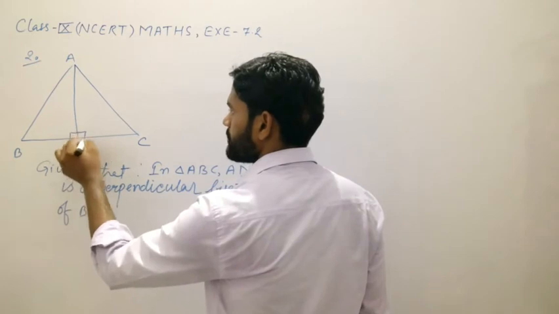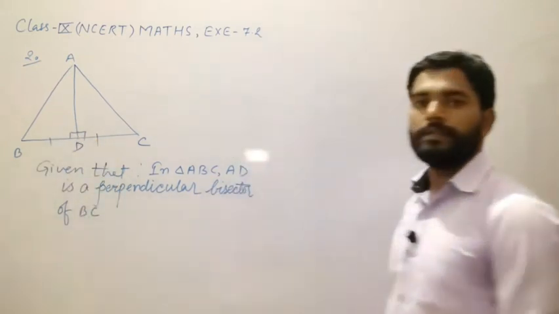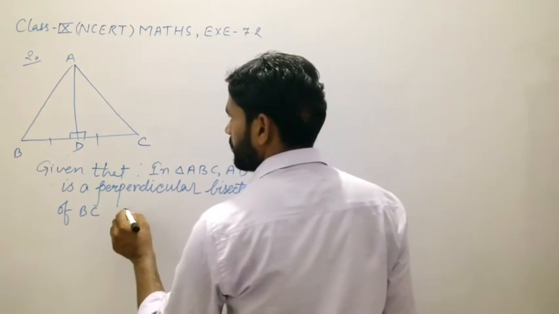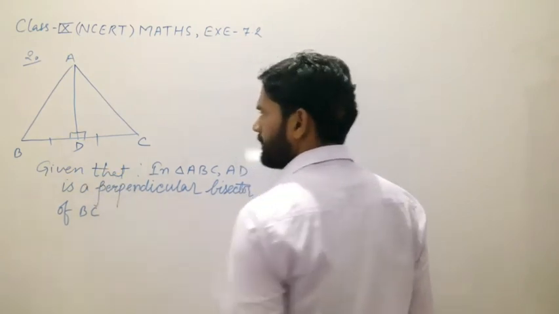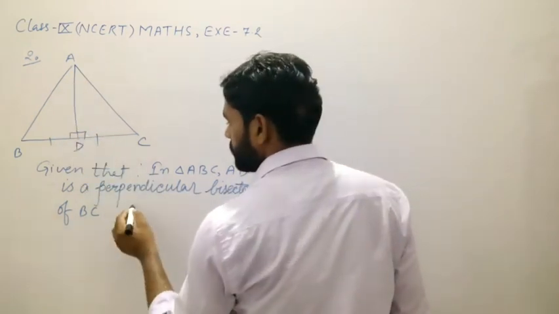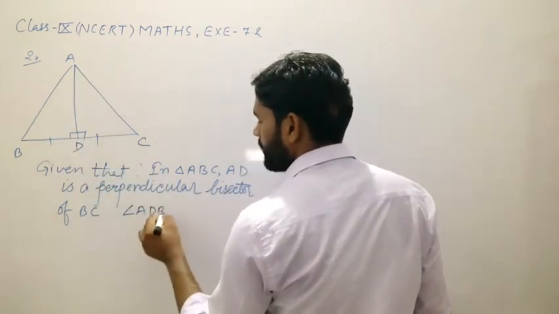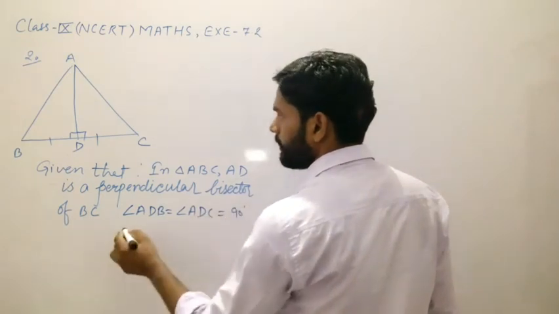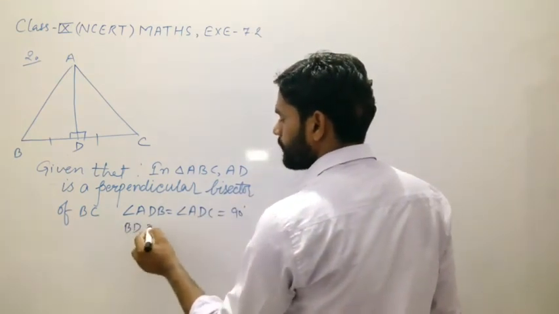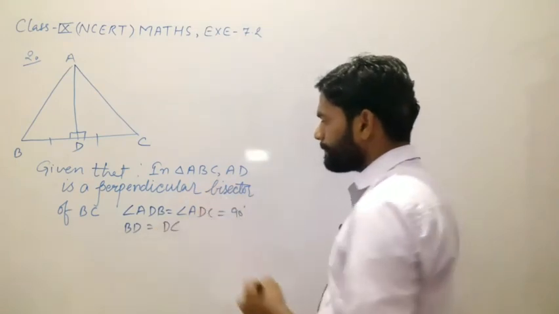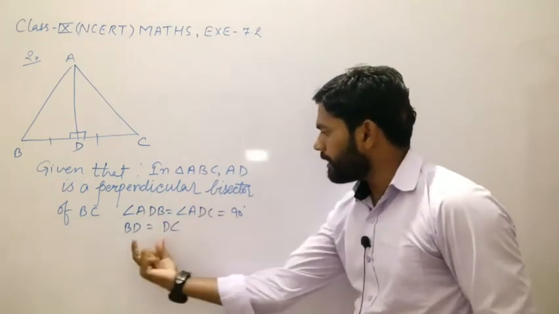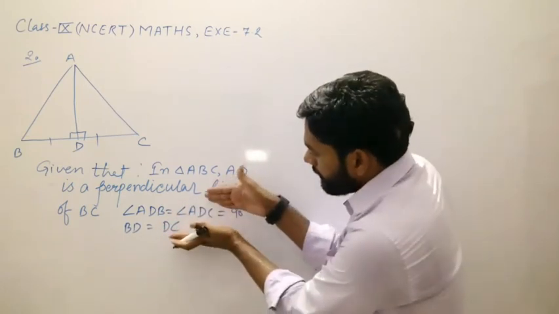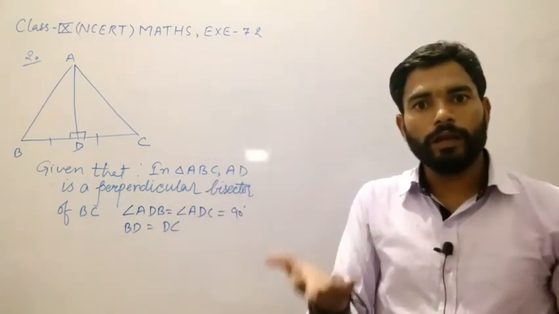It means these are equal to 90 degrees and BD is equal to DC. तो अपनी यहां से बोल सकते हैं, चलो ये डायरेक्टली लिख देंगे अपन। Angle ADB is equal to angle ADC is equal to 90 degrees, and second thing BD is equal to DC. This means it is perpendicular and this means bisector. So when we add these both, it will become perpendicular and bisector.